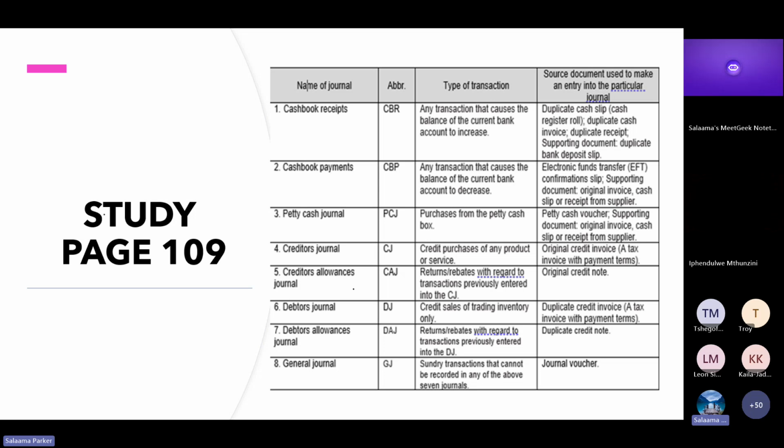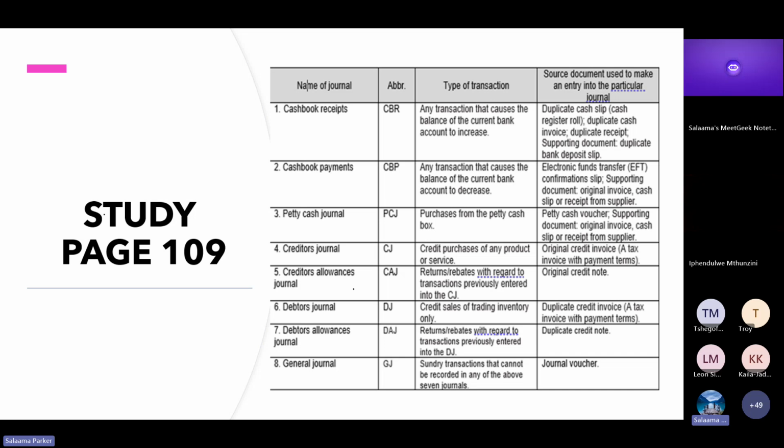So it's very important that you study this table, also the abbreviations, the type of transactions that are recorded in these subsidiary journals, and also more importantly, the source document.